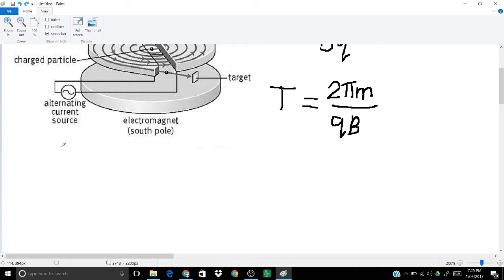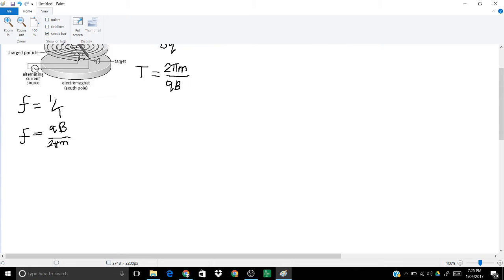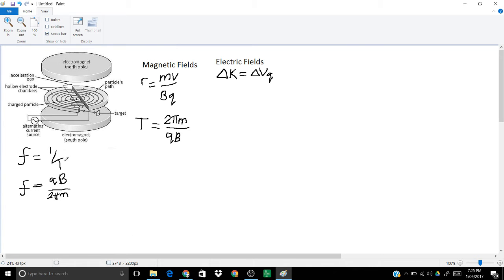So in that case, the relationship between frequency and period, f equals 1 on period, thereby f equals, according to this, qB on 2 pi m. So that is also an equation, more or less the same equation, where it is independent of the speed and the radius of the charged particle.